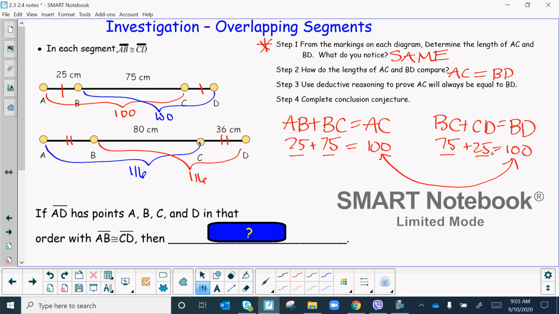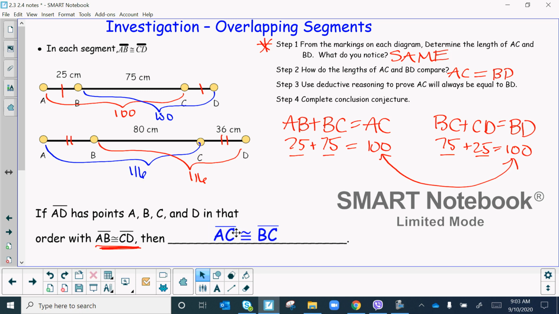So what is the conjecture here? So it says if AD has points A, B, C, and D in that order, and AB is congruent to CD, so you have to have that right there. Then what came out congruent? We just figured it out up here, that AC must be equal to BD.